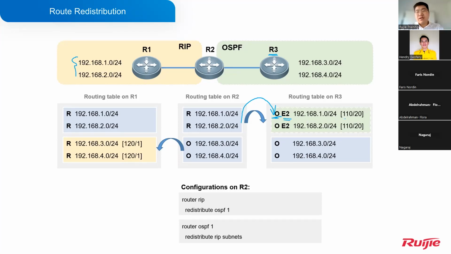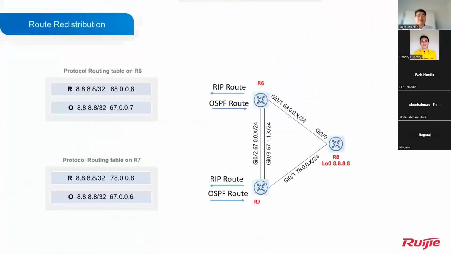For example, the preference of the route has changed, and the network type of the route has changed. So when we do route redistribution, we should pay attention to the attributes of the route after redistribution, because sometimes it would cause some problems.